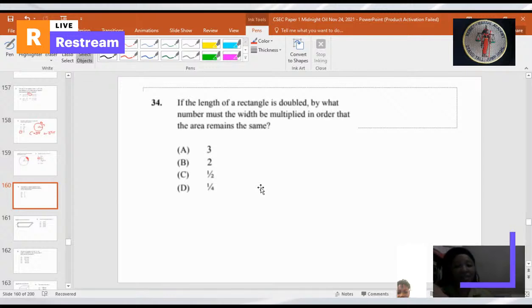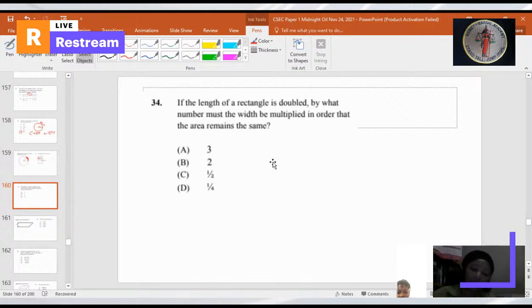If you double the length, what would you need to multiply the width by for the area to remain the same? It's 2. You need to multiply the width by 2. Right. So you're saying if you double the length and double the width, the area would remain the same?